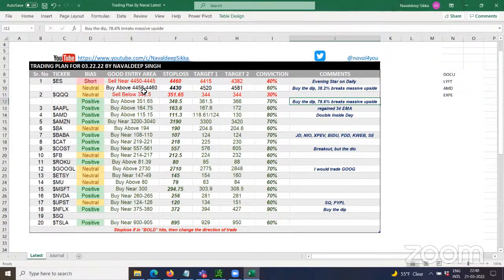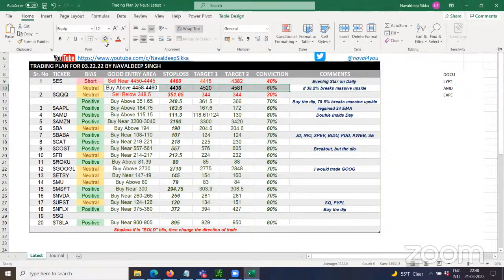I did not play that myself, but yes, it was there. Again, I'm going to decline buying the dip for now because if 4460 breaks, you will have some serious buying opportunity on the higher side.